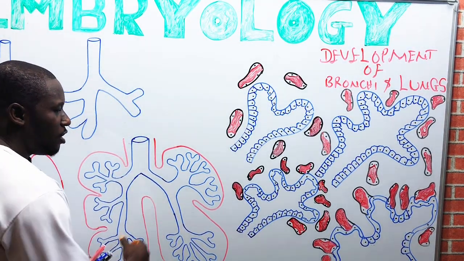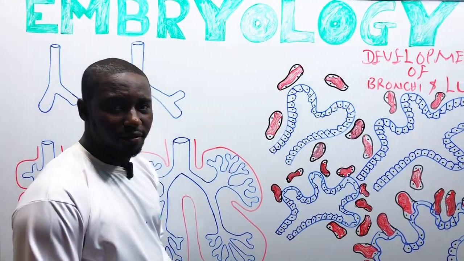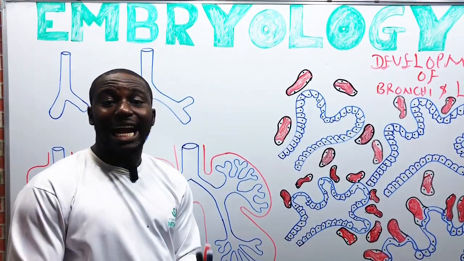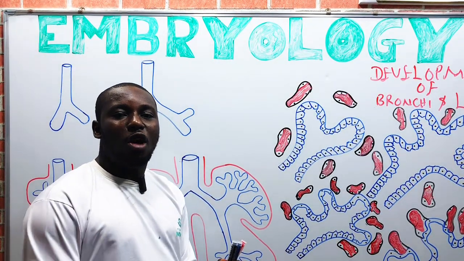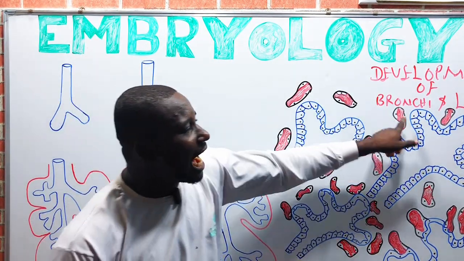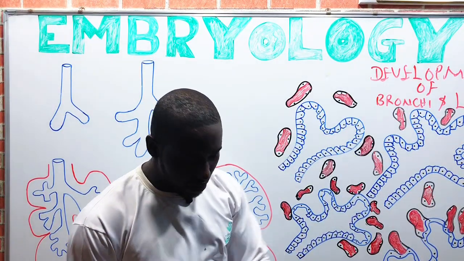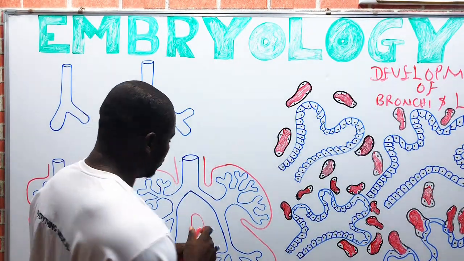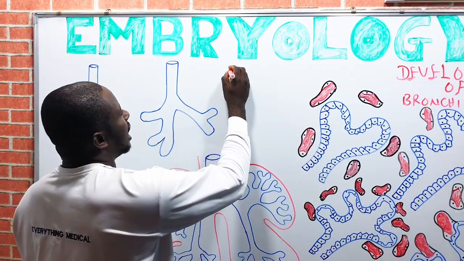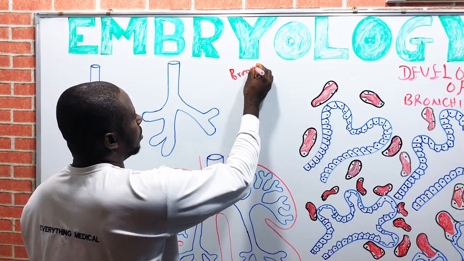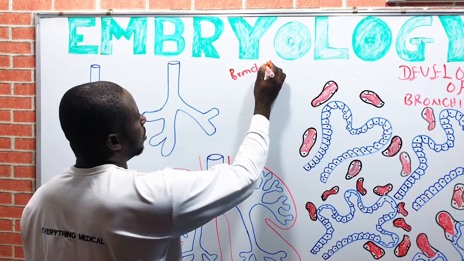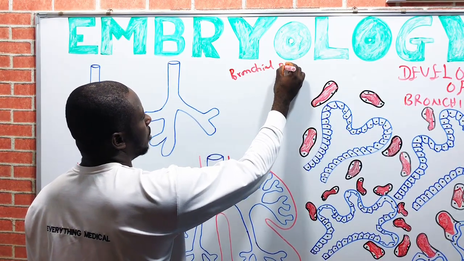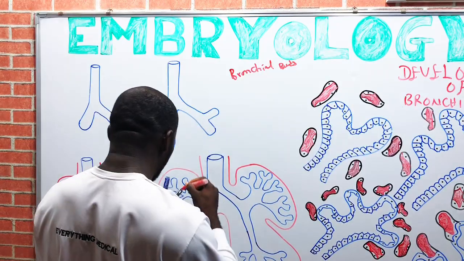Now, before we proceed with this video, I'm going to do a flashback on how the origin of what led to the formation of the bronchi and the lungs came about, which is the bronchial bud.